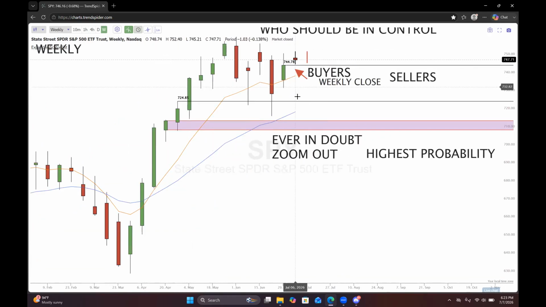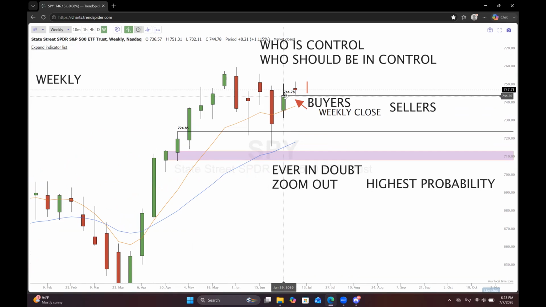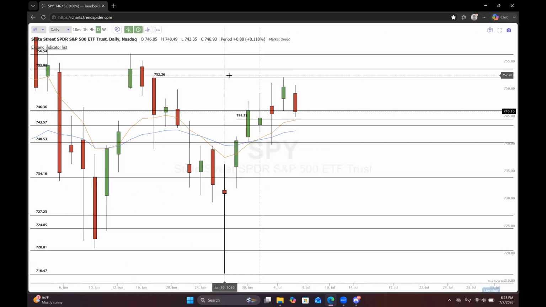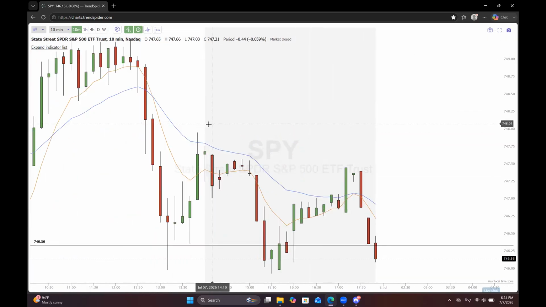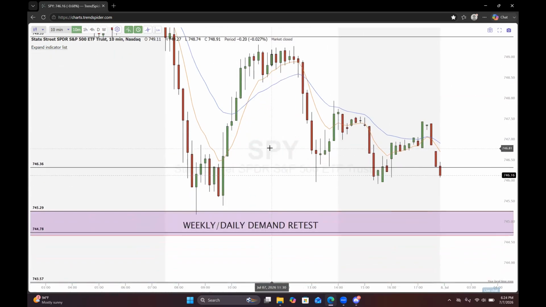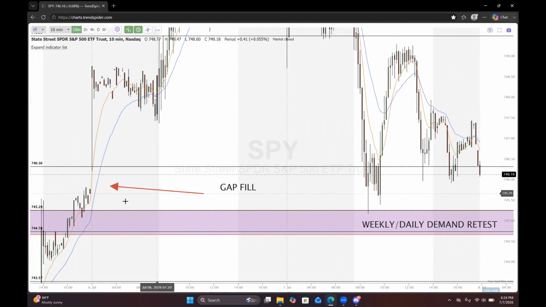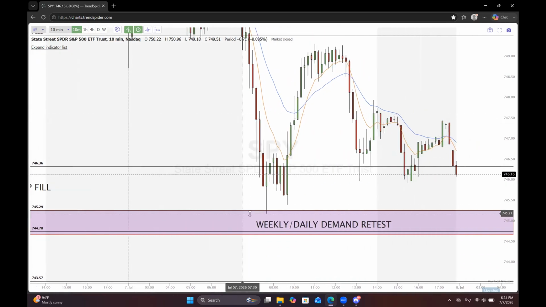Confluence one was a retest into weekly close. Second confluence was daily 8 EMA. Third confluence was higher low retest. What is our fourth confluence? Well, if you zoomed out a little bit, we had a gap fill. Those are called confluences. Actually, we have a fifth one, and it is on the lower time frame, a double bottom.